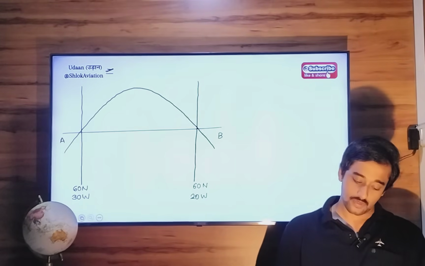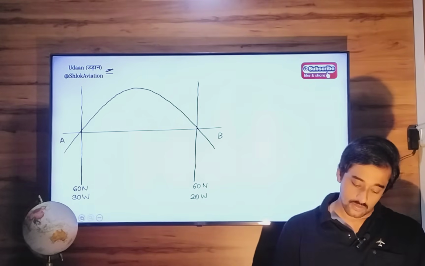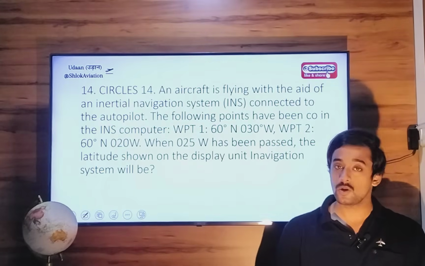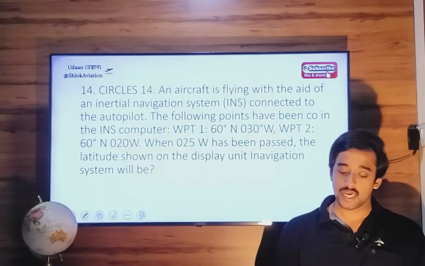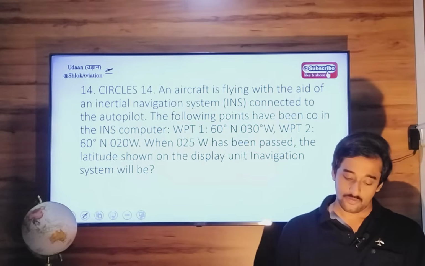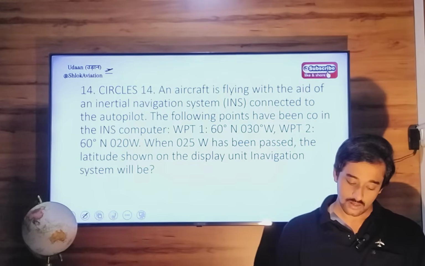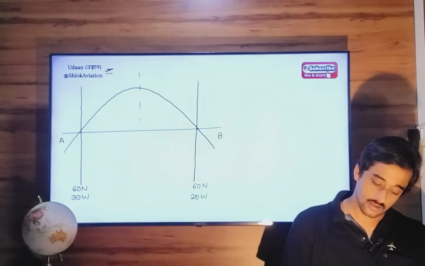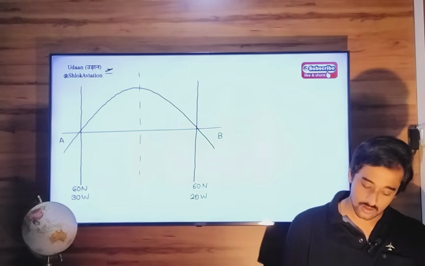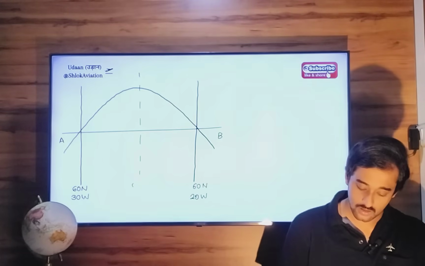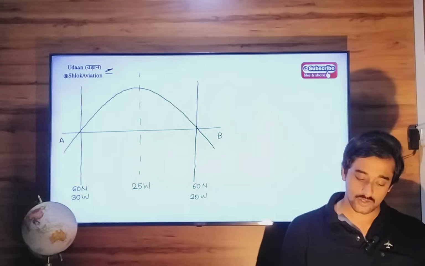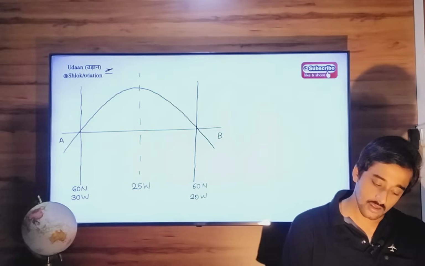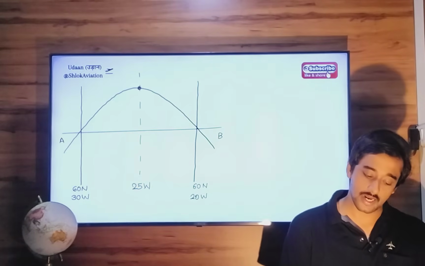Okay? And you have to find the latitude where this aircraft will be flying. Longitude is 025 west. You have to find this particular latitude.